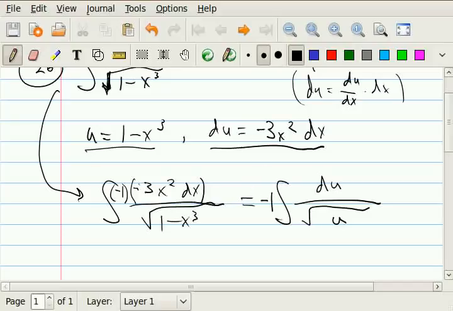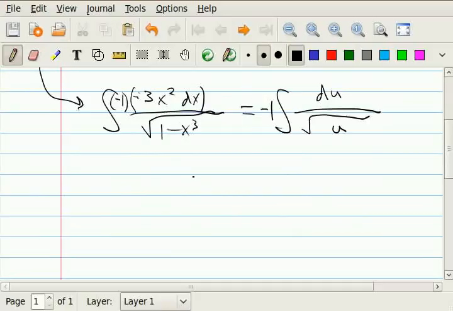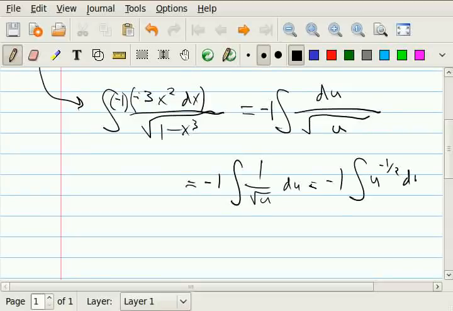Now we're in good shape because this is just negative 1 times the integral of 1 over the square root of u du, which is negative 1 times the integral of u to the negative 1/2 du.